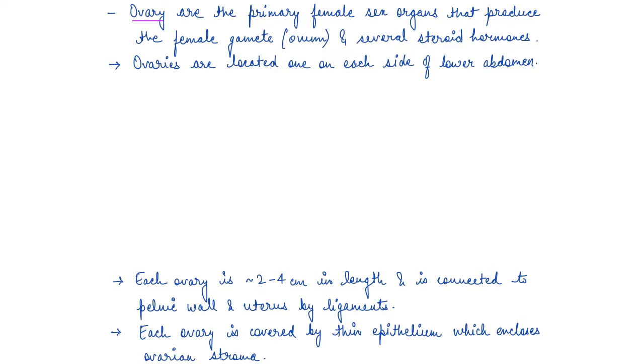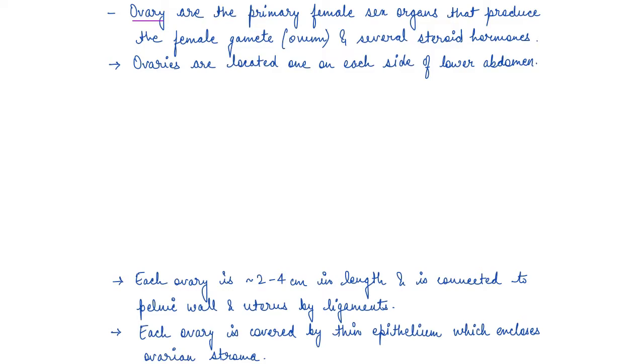Each ovary is covered by a thin epithelium, and this epithelium encloses the ovarian stroma. This stroma is divided into two different zones, a peripheral cortex and an inner medulla.